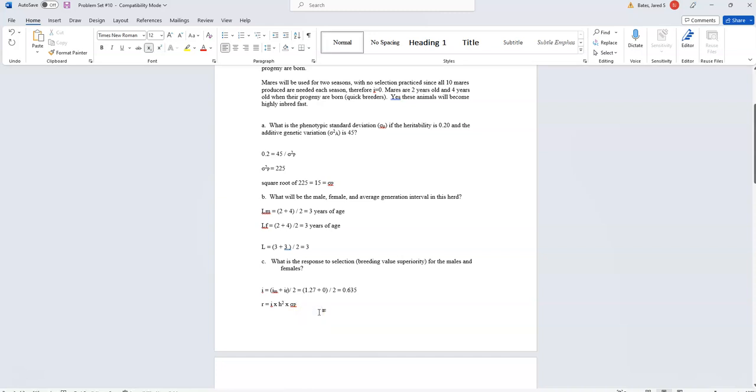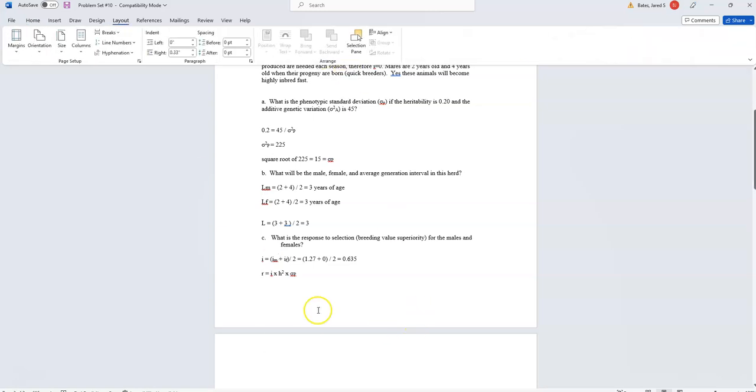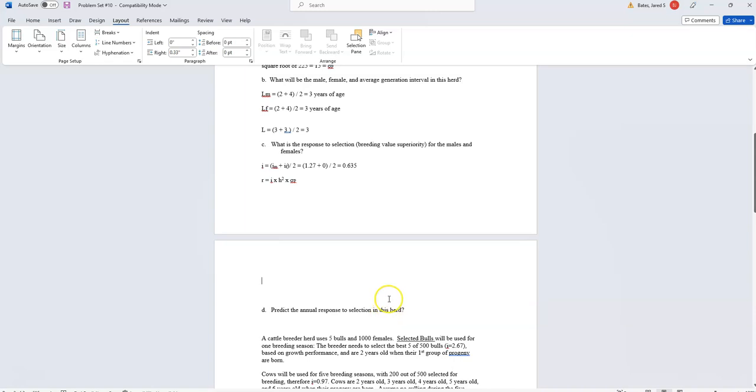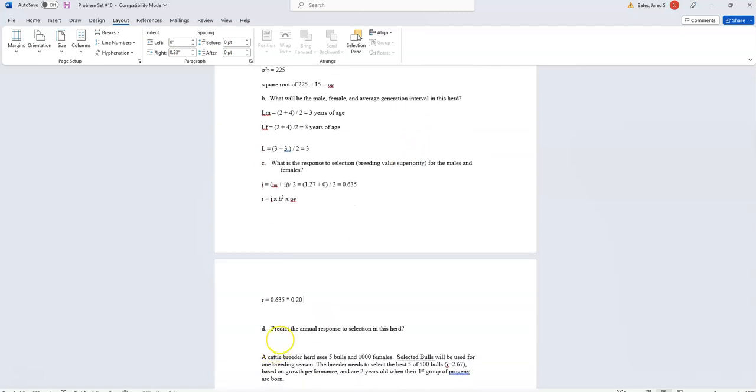To find this, I'm just going to take R equals 0.635 times 0.20, because my heritability is right here, times the phenotypic standard deviation, which is 15, and that's going to equal 1.905 units per generation.